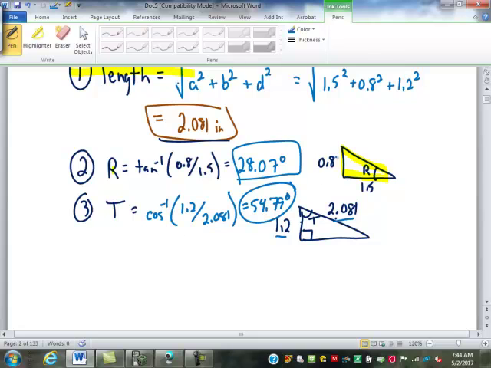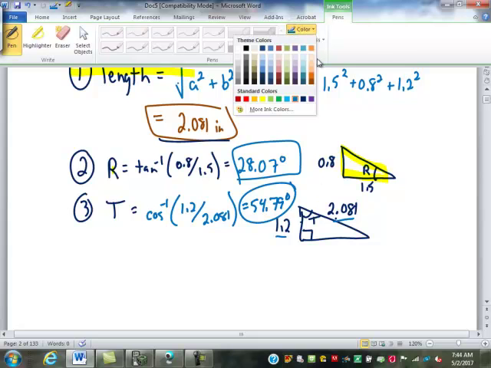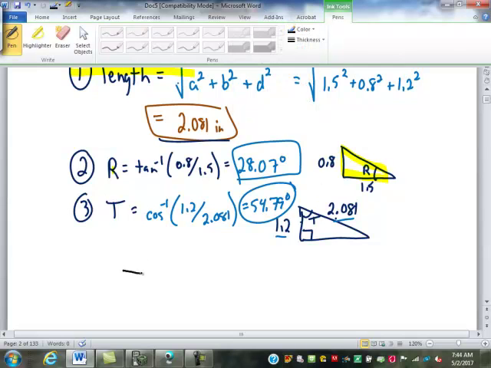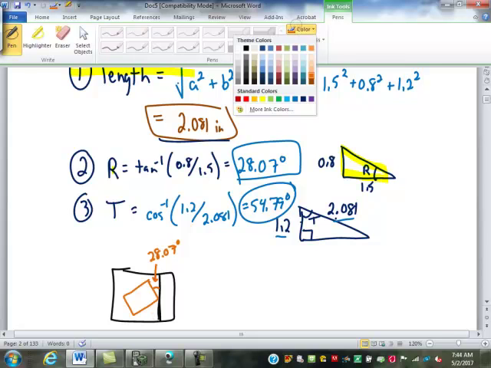So again, what that is telling us is if we are drilling this on a drill press, first of all, looking at the press from up above, we're going to have some sort of horizontal marker. We're going to set that block on there like this, rotated at that angle of 28.07 degrees. That's what the angle of rotation means.